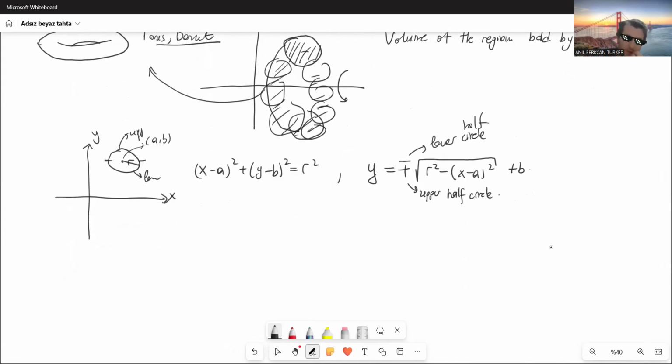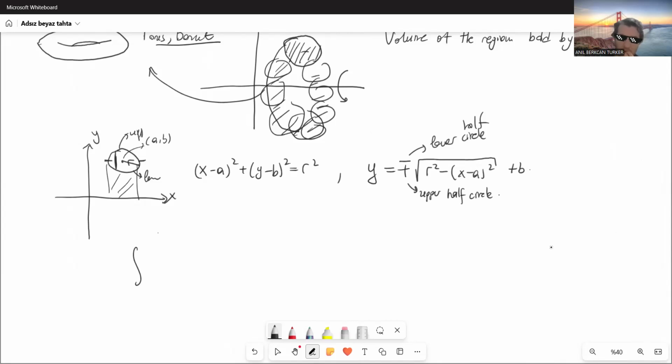So again, this method. I'm going to have the region bounded by these two things. I will calculate the full thing, which will give me a cylinder, a bit of an interesting cylinder. Now I will subtract this lower part.